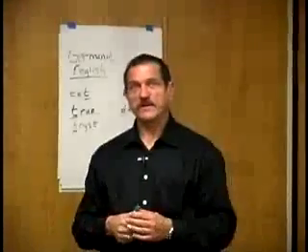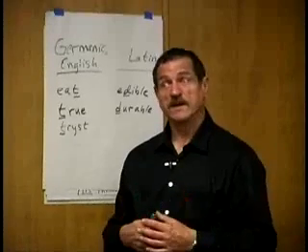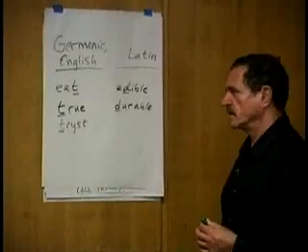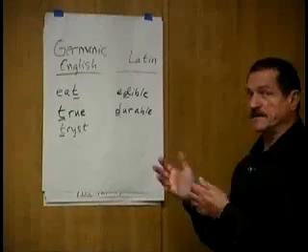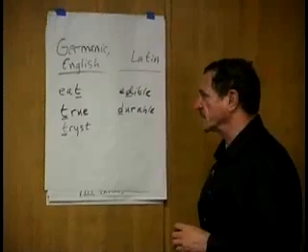The similarity between the words will be apparent, and the similarity will be attributable to the fact that the Germanic and the Latin sources themselves go back to a single Indo-European source.